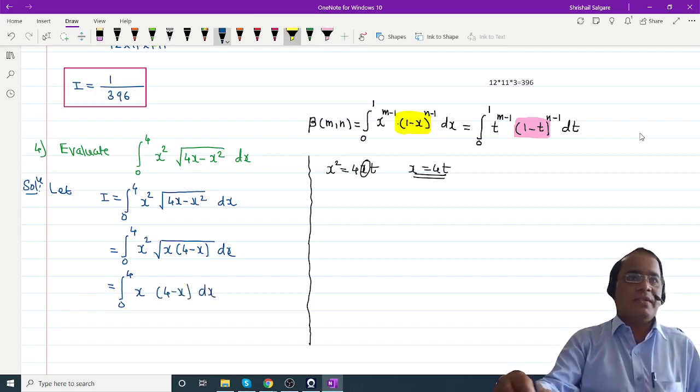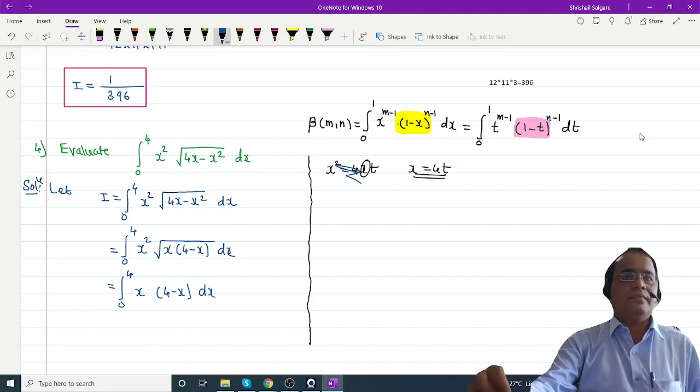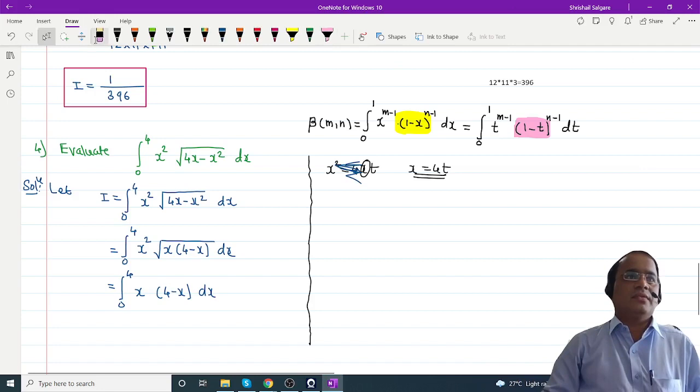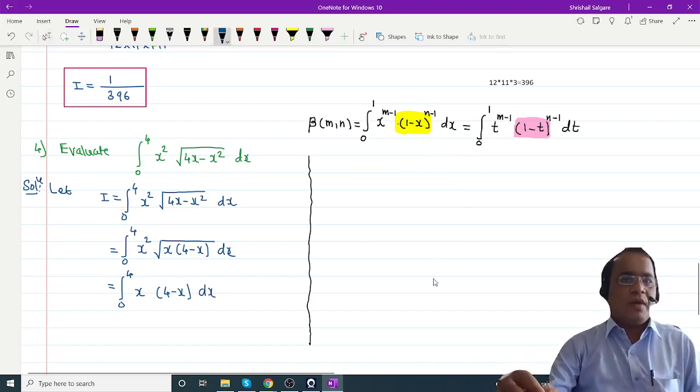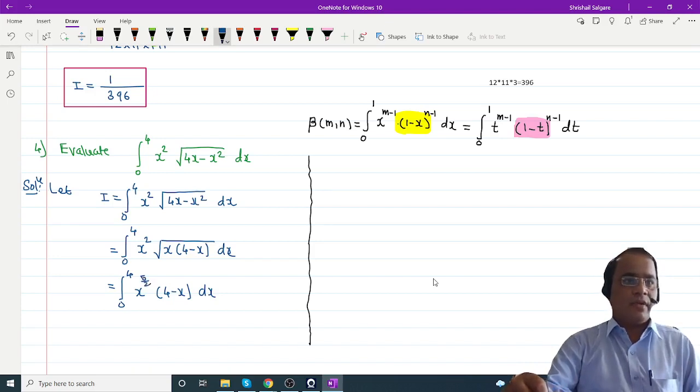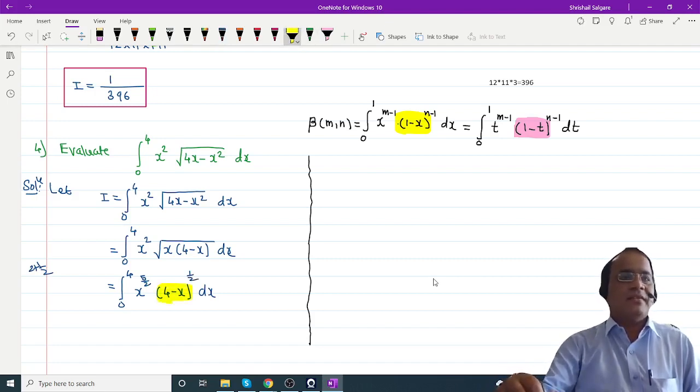So what are the powers? 1 by 2. Okay, x raised to power 2 plus 1 by 2. After simplification it comes as 5 by 2. Is it right? Yes, sir. And the second one is 1 by 2. Now you have the clear-cut factor 4 minus x.